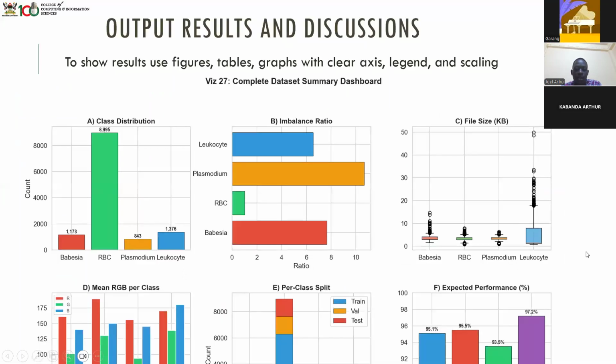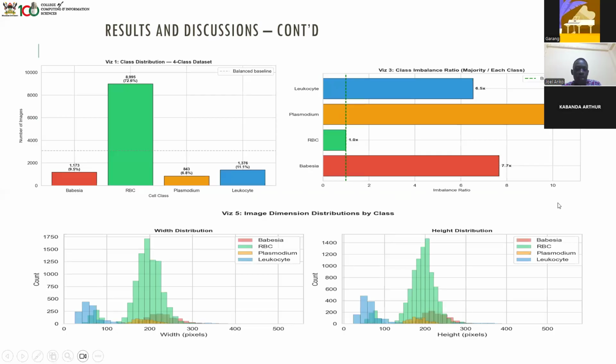Then, for the interest of time, I may not be able to explain all of them. Still under the class distribution, I talked about it. The class balance, we saw Plasmodium was highly affected. Then the image dimension distribution by classes.